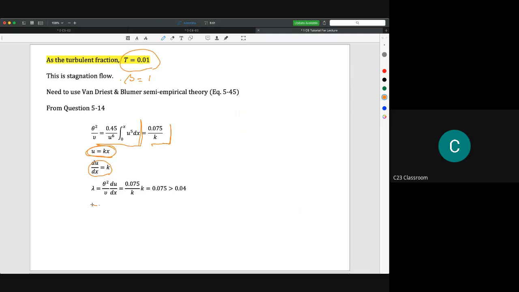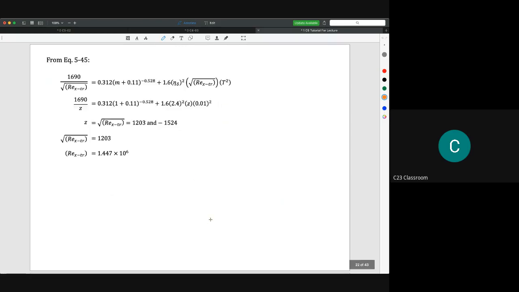So and then lambda here is equal to theta square over nu du dx. We substitute both equations that we have here. So we get it is equal to 0.075 only. Because we could cancel the value of k, and 0.075 is greater than 0.04. Why we need to calculate this one?